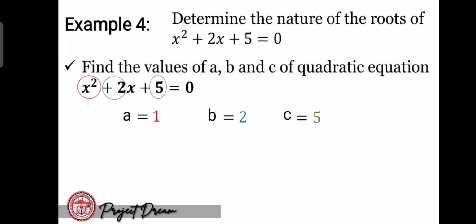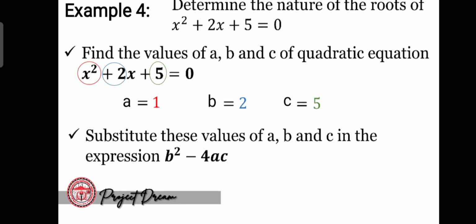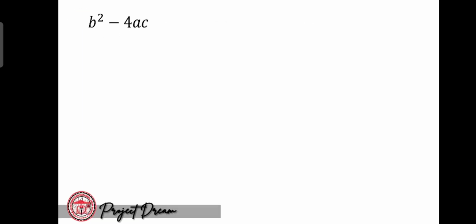Now, since we have the values of a, b, and c, let us substitute these in the expression b squared minus 4ac, or in our discriminant. So let us write the discriminant b squared minus 4ac.